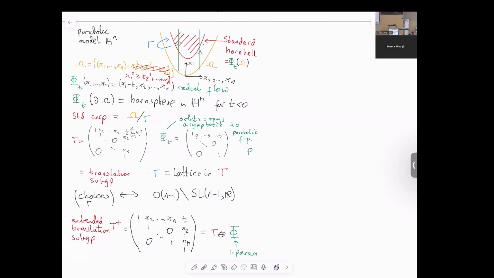The group of parabolic transformations that preserve this point P is a doubly elementary group. And in these coordinates, it's this group. It's this upper triangular group where you have x2 through xn in the first row and the last column, and then this entry in the top right corner is the sum of the squares.